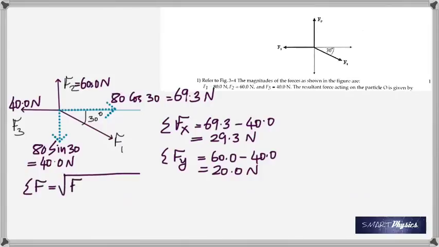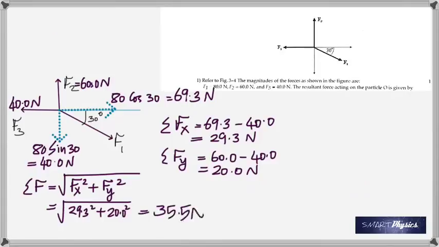And so to find the net of these, once you have the x and the y, you square both, add them and take the square root, and you will get the resultant force, which is 35.5 newtons.